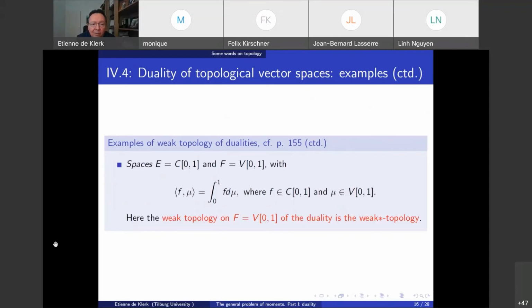And for the other example that's important to us, the pairing of the continuous functions with the signed Borel measures, we get the so-called weak star topology. If you don't know what this is, I will get back to this later. The important takeaway is that for all the examples that we study, we have a good understanding of what this weak topology of the duality looks like.